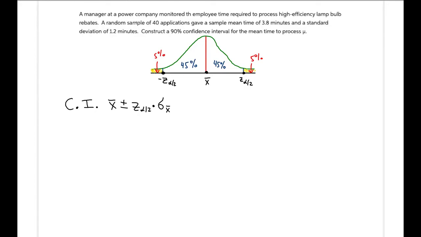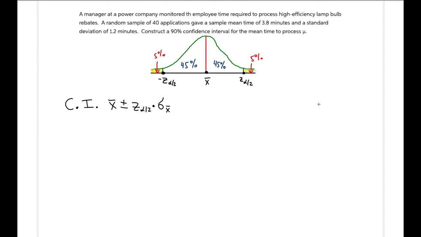But we only have one random sample of 40 applications and only one sample mean as a result, which is 3.8 minutes. But there's a way to construct a 90% confidence interval using just one sample mean, using this formula here.